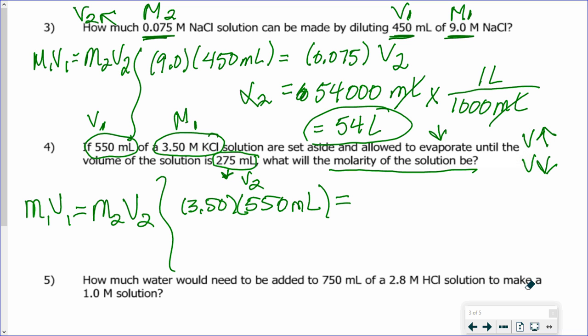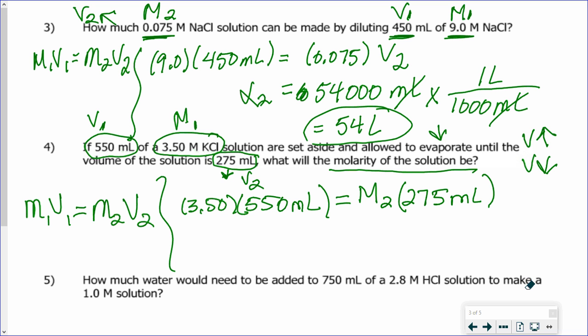All right, now I'm looking for M2, and then that final volume, once it evaporates, is 275 mils. You notice they're both in mils, so we're okay. We don't have to convert. If one was in liters, we'd have to switch that. So 3.5 times 550, and then we're going to divide that by 275.